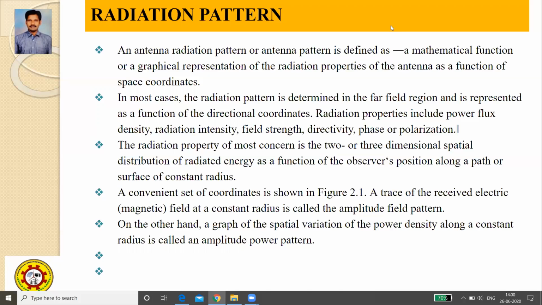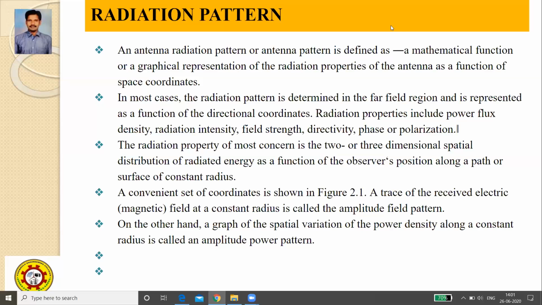To represent the radiation pattern, various simulators are available in our college laboratory, like the HFSS simulator and CST simulator, where we plot 2D and 3D radiation patterns for better understanding. The radiation pattern is represented as an amplitude pattern and a power pattern.